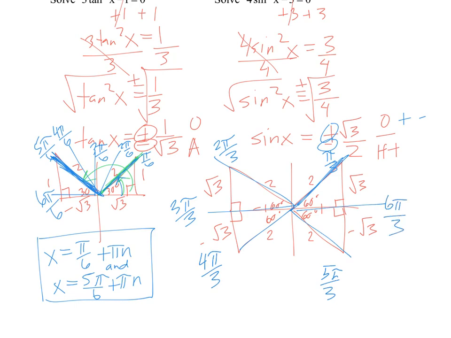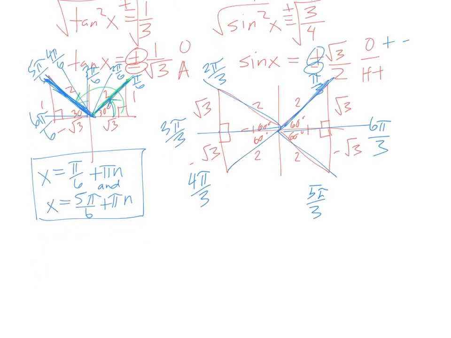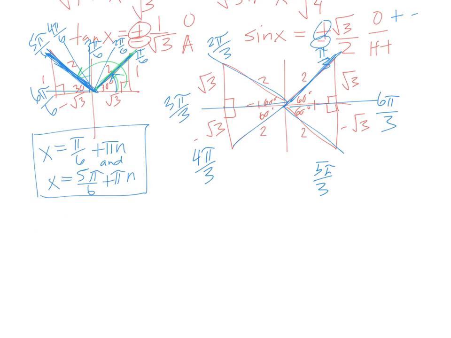Okay, so there are 2 ways to represent your solution to this problem. Bear with me. Rotate 60 degrees, and I get x is equal to pi over 3.